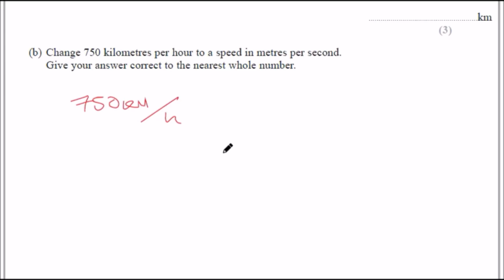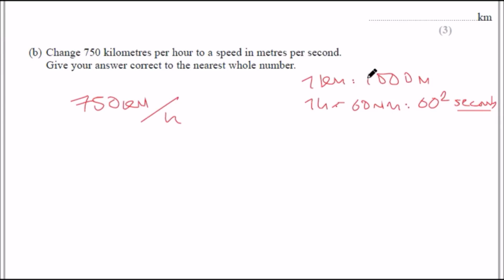Okay, all you have to do really in this case, so we're doing it per second, so we just convert 1 hour into minutes, into seconds, and kilometers into meters. So we need to record that 1 kilometer equals 1,000 meters, whereas 1 hour also equals 60 minutes and also equals 60 times 60 seconds, so 60 squared seconds.